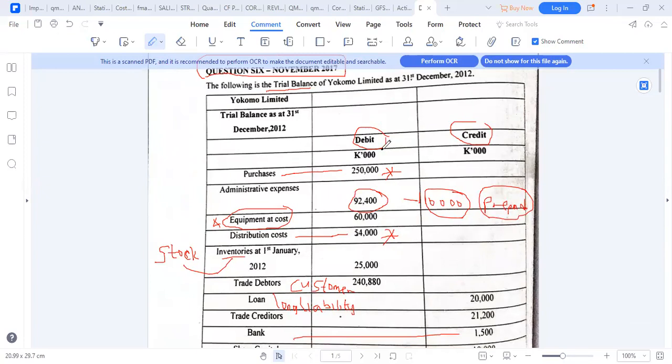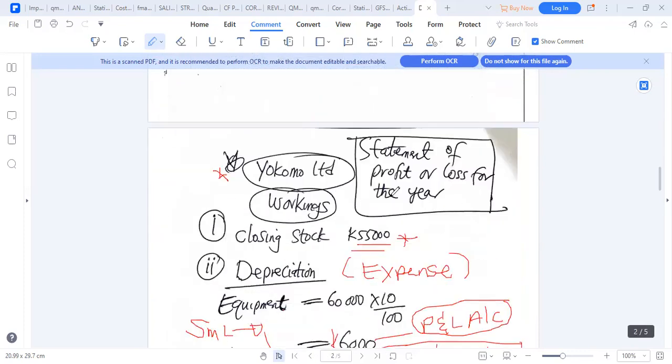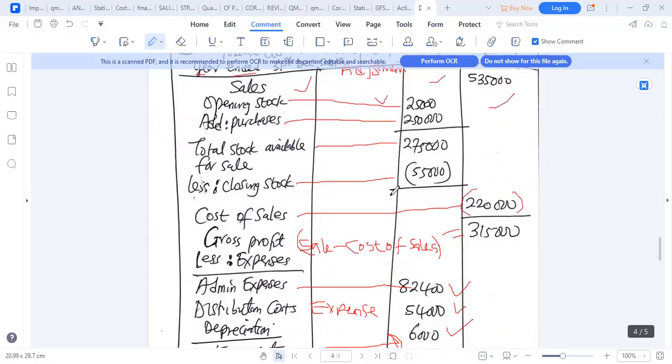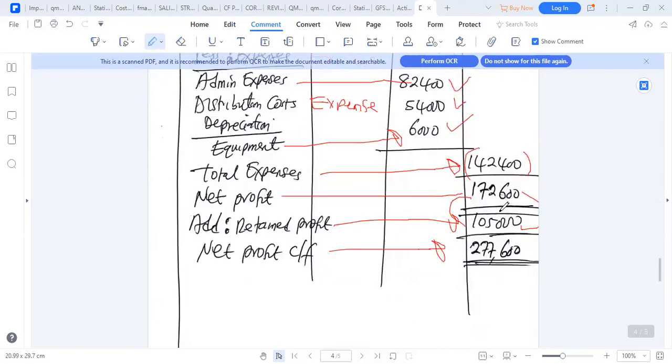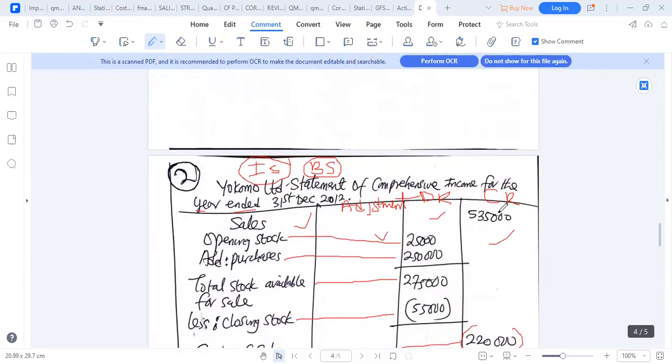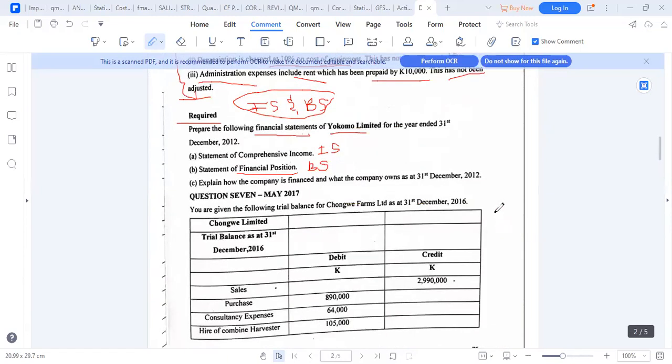For those who came through for that class, we are still running through the preparation of the ledger accounts. So we have gotten the net profit carried forward, which is 277,600. This marks the end of the first part of the question, to do with the preparation of the statement of comprehensive income.